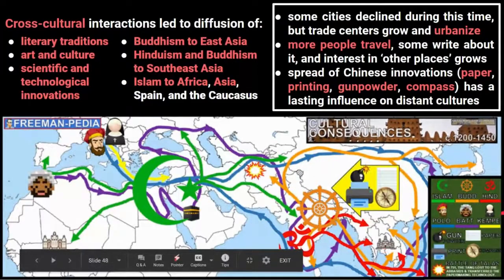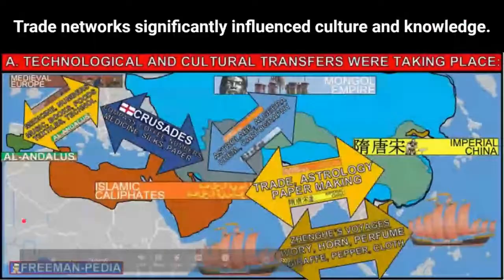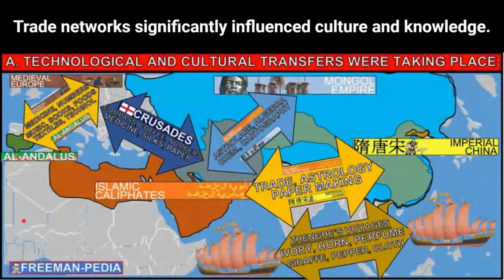This map also shows you the routes that some of the travelers took, but we're going to talk about them in a second, like Marjorie Kempe, Marco Polo, and probably most importantly, Ibn Battuta. This is just another look at it, and I think it's useful because it's a step back to look at who the main powers are and what they are exchanging.